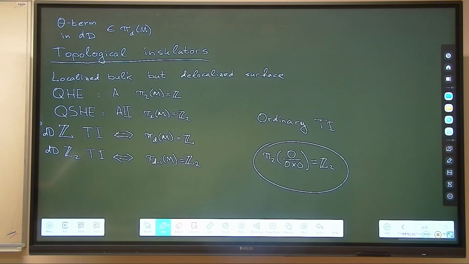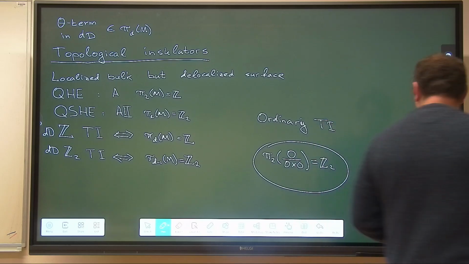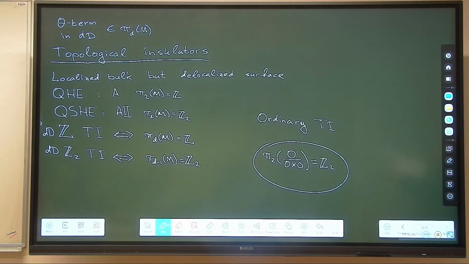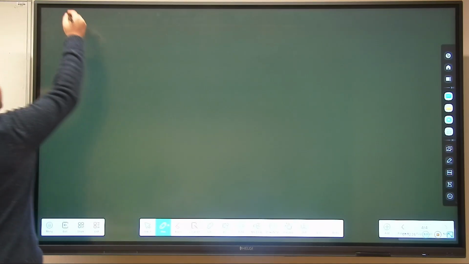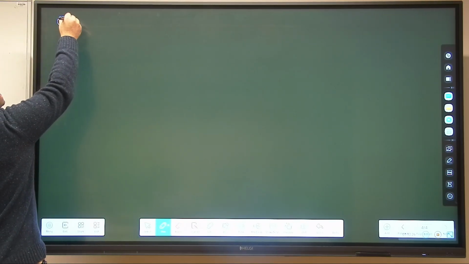So it will be very fast. I mean, now this will be something physical with simple equations, no topology, nothing. Very simple stuff. I learned to add a new page each time because otherwise I cannot scroll this thing. So, ordinary topological insulators.